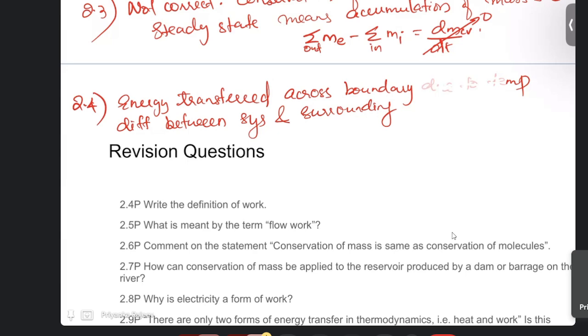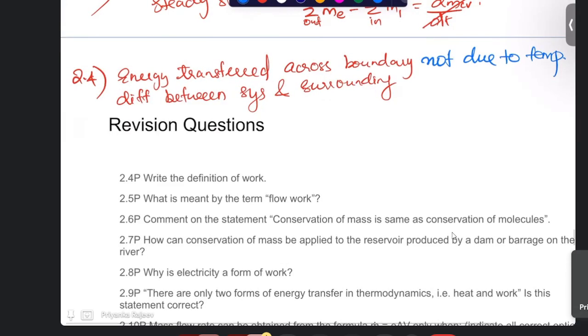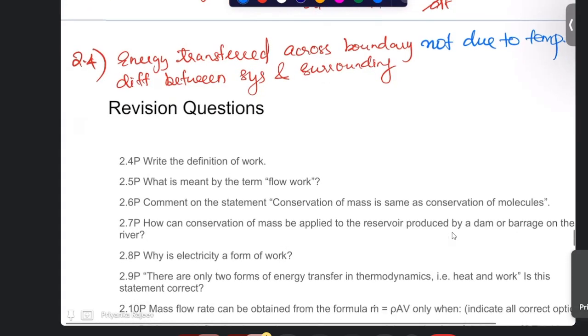Note, I have to just add "not due to temperature difference". That is work.